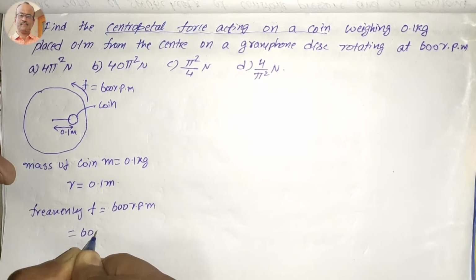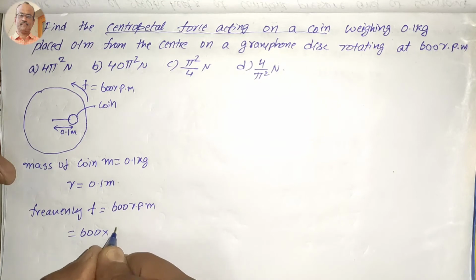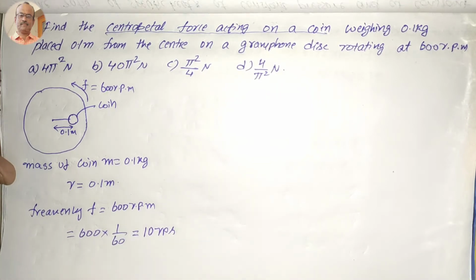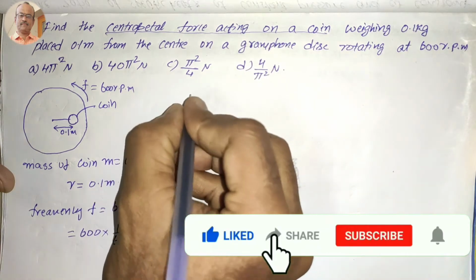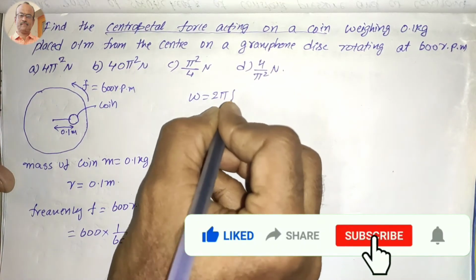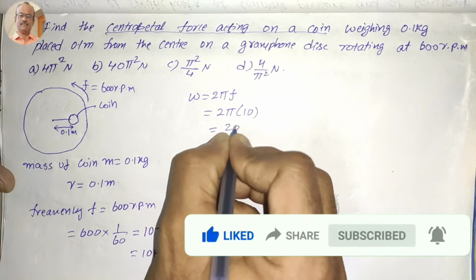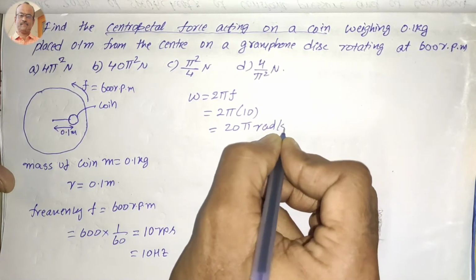That is 600 into 1 by 60 per second, so after cancellation we get 10 rotations per second, or otherwise 10 Hz, no problem at all. But which one do we want to calculate? Centripetal force. Centripetal force F is equal to mv square by r. So v square is substituted, F is equal to m r omega square. That means omega is required. So omega is equal to 2 pi f, so 2 into pi into 10, that is nothing but 20 pi radians per second.